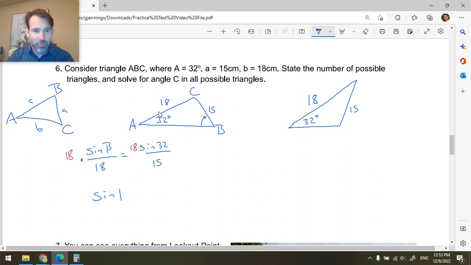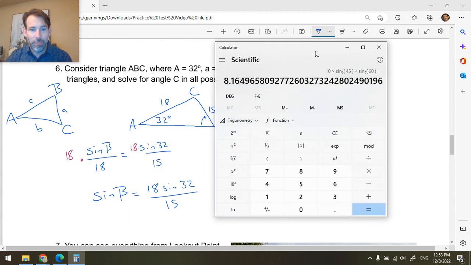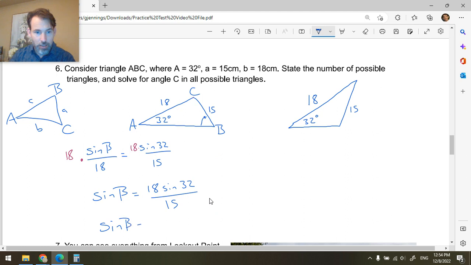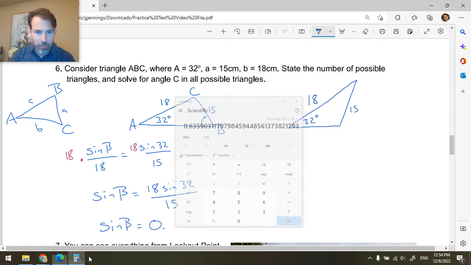Sine of B is equal to 18 sine 32 over 15. Okay, and then let's go ahead and find that with our calculator. 18 times the sine of 32, divided by 15 equals, that's the sine of B. Sine B is 0.636.